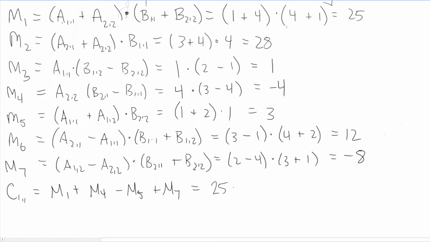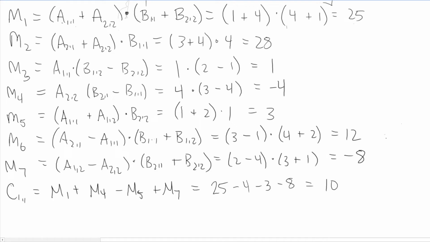M4 is minus 4, so adding it on means minusing 4. Minusing off M5, M5 is 3, so we'll minus off 3. And then we'll add on M7. M7 is minus 8, so adding it on means minusing off 8. Putting that all together, 8, 3, 4, that's minus 15 here. 25 minus 15 is 10.